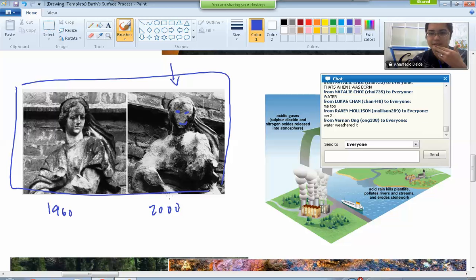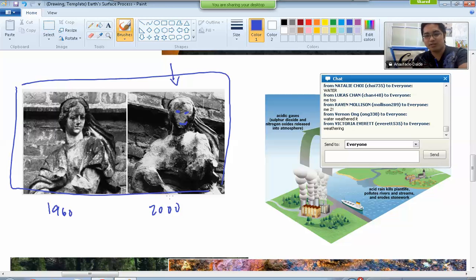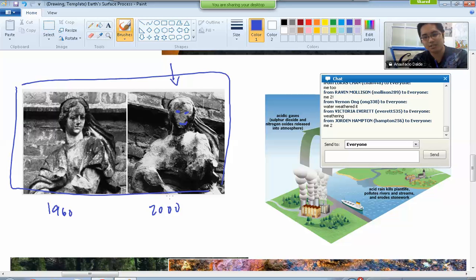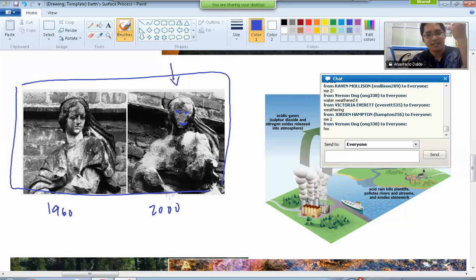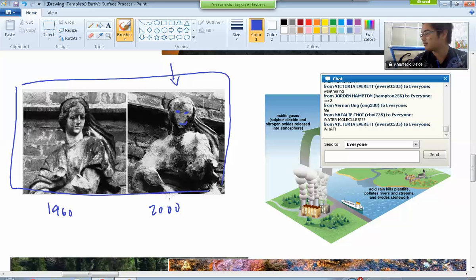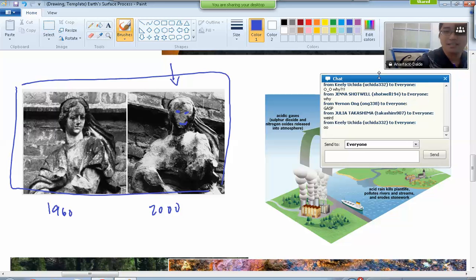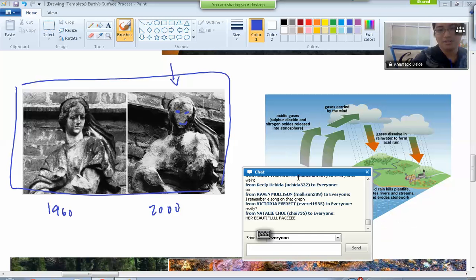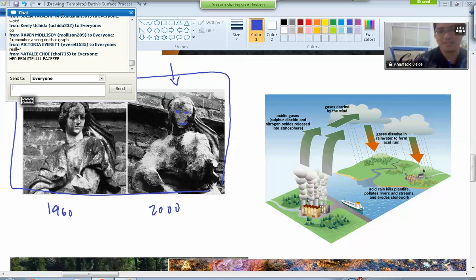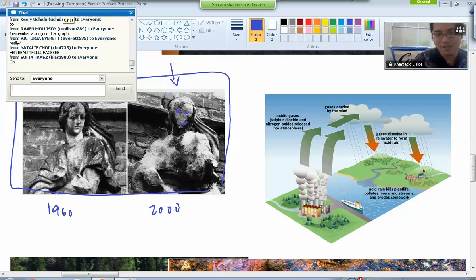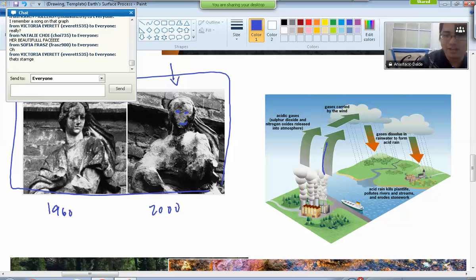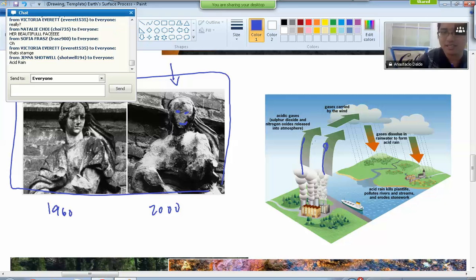No, no. Actually, what happened was acid was poured on top of her. Like acid rain? Exactly, it's acid rain. Who would pour acid on a statue? No, what happens is you got a lot of factories, and the factories release sulfur dioxide, nitrogen oxide, and those kinds of gases into the atmosphere.